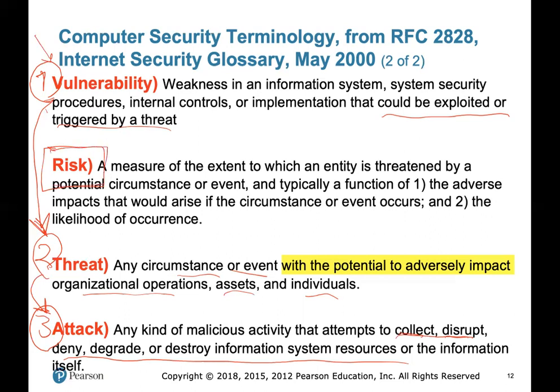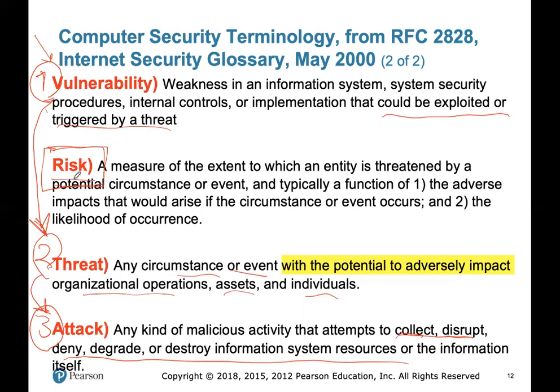Now let's define risk. Risk is a measure that we use in order to measure or understand or realize the amount of security vulnerabilities that we have. And so a measure of the extent to which any entity is threatened by a potential circumstance or event.